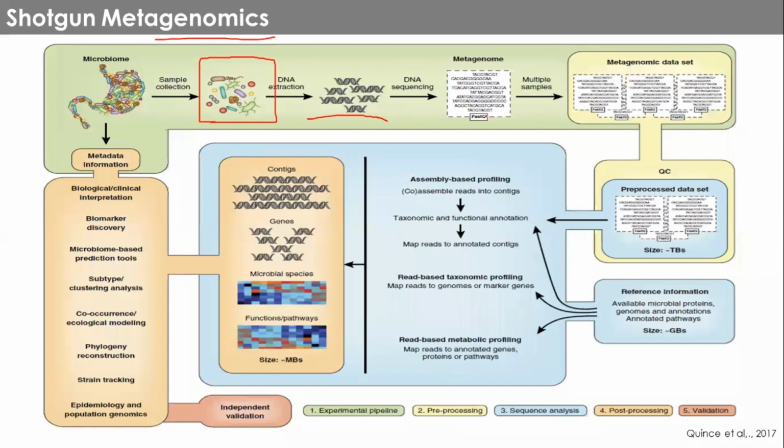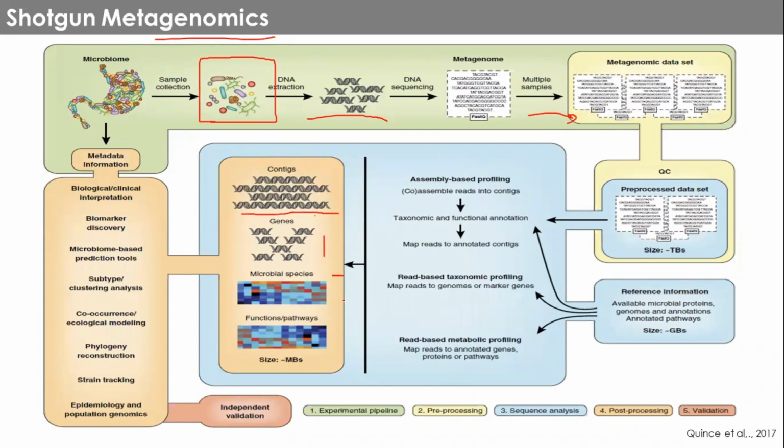Once you do the DNA sequencing directly, you will have a tedious bioinformatics process, because now you have genes from many different organisms, genes of different classes, different functions. All together, you have to do the bioinformatic analysis, after which you can find out different genes.